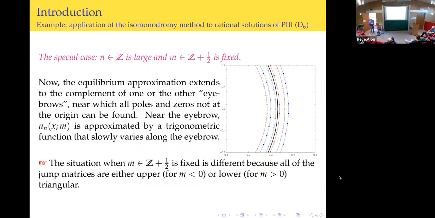The reason the situation where m is a half shift of an integer is different is that all of these jump matrices that relate the solutions of the psi in different Stokes sectors are either upper triangular or lower triangular, depending on whether m is positive or negative as a half integer. So there's some simplification that takes place.